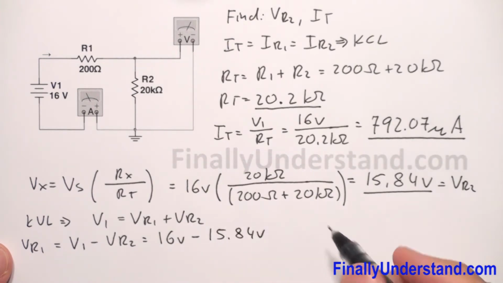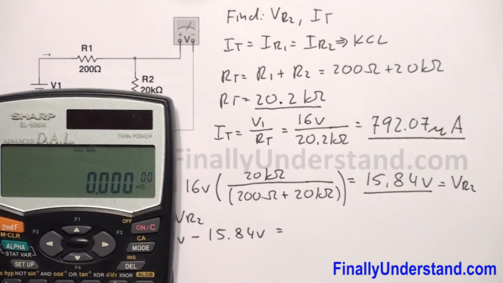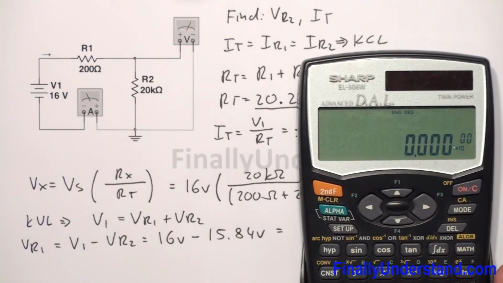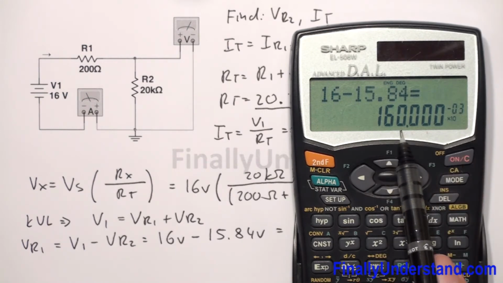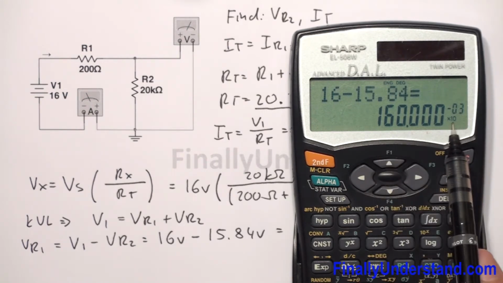VR2 is equal to 15.84 volts, and this is equal to, let's practice the calculator, 16 minus 15.84. This is a very simple calculation. This is 160 millivolts, times 10 to the negative 3.